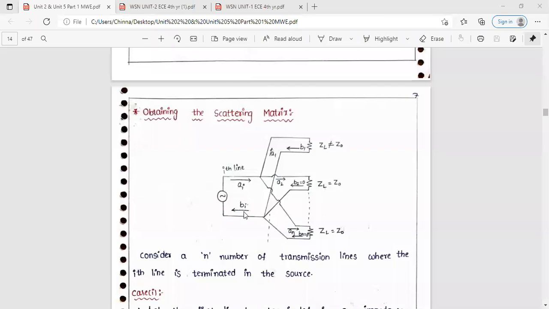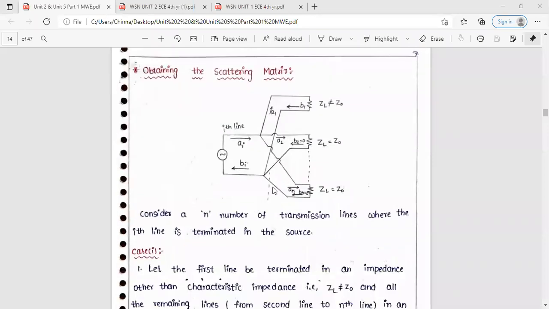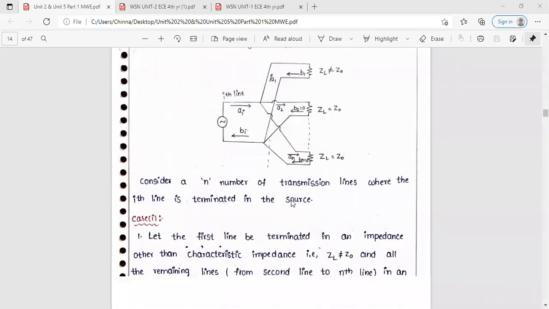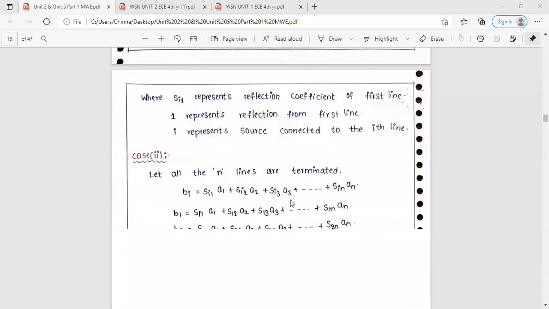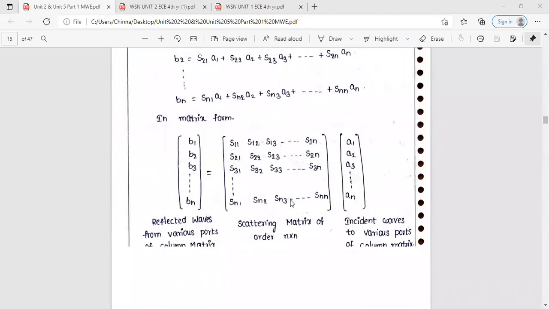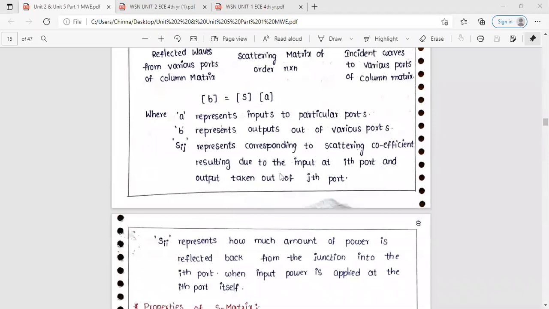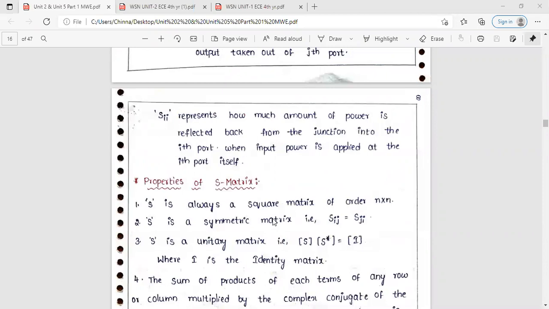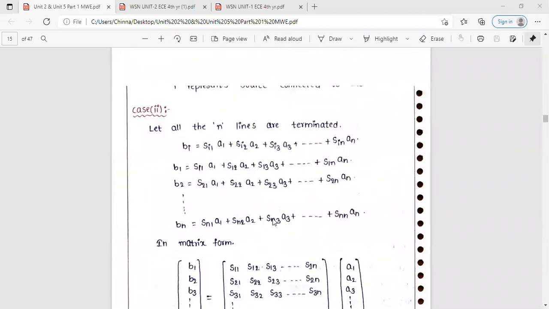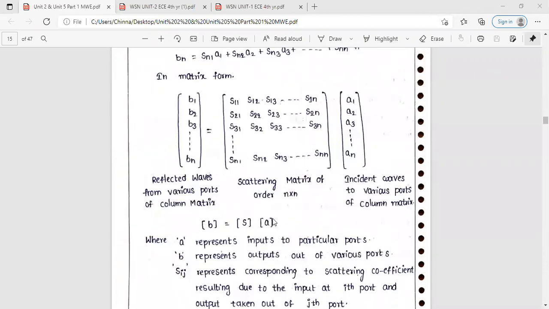So this is the output wave, and finally Sij represents the scattering coefficient due to the input at one port and output taken at the jth port. So this is how we obtain the scattering matrix: B is equal to S into A. This is the basic scattering matrix that will be obtained from the transmission ports.